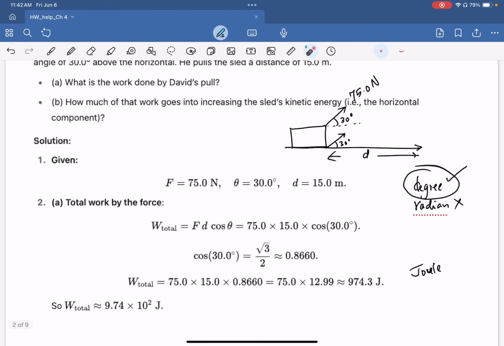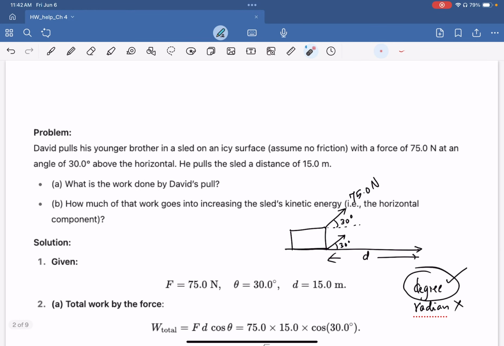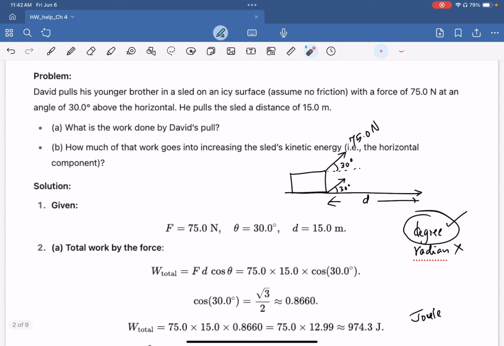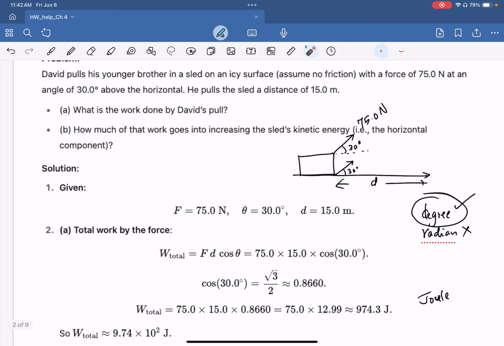It's also asking how much of that work goes into increasing the sled's kinetic energy. Now, you don't have to work out anything because there's no friction. All of the work done becomes the kinetic energy. So the answer to part B is exactly the same as the answer to part A. Okay.